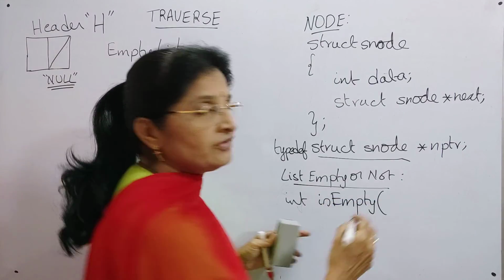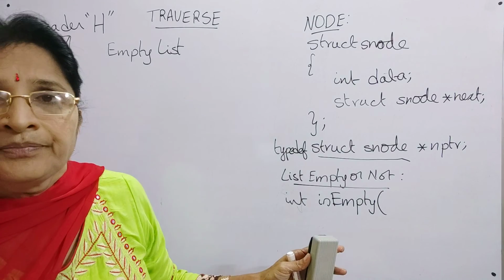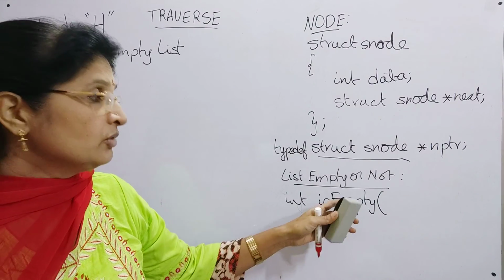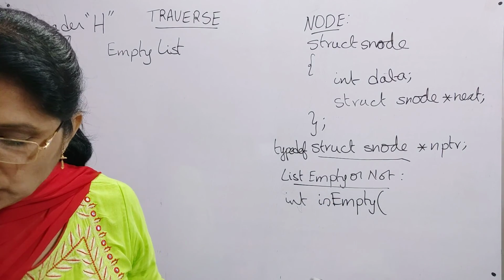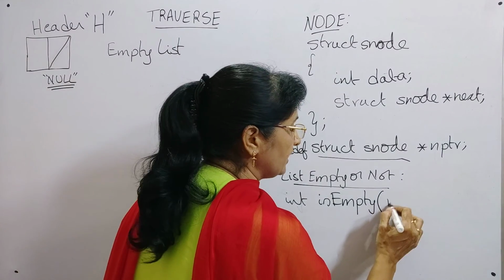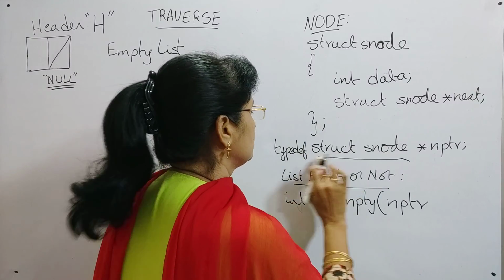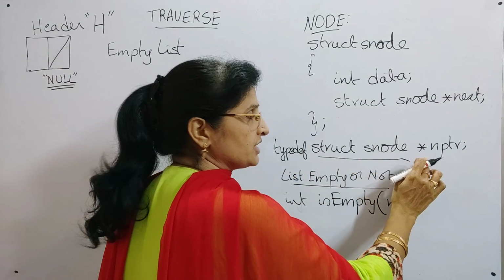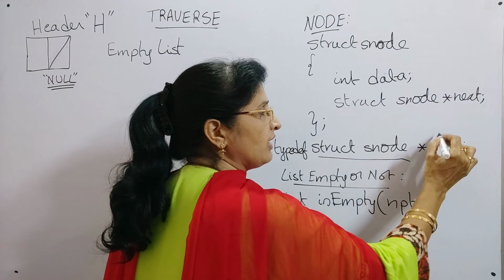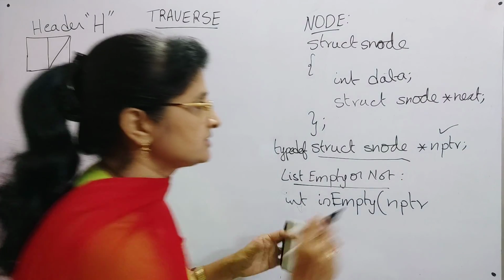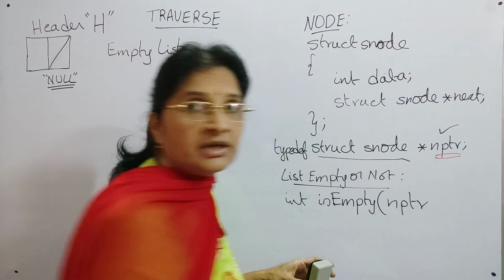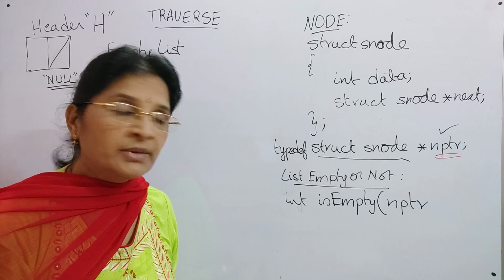So what you have to give here is the header node. How can you give the header node? What is the data type of the header node? Here we have already given the data type of H. It is struct node asterisk. For struct node asterisk we have given a new name, NPTR.